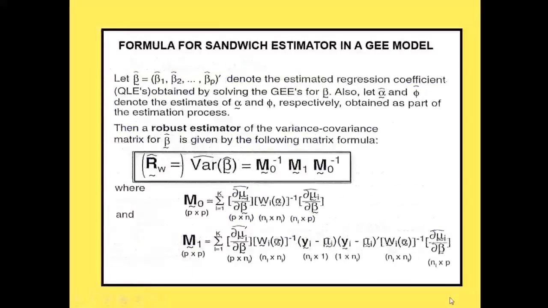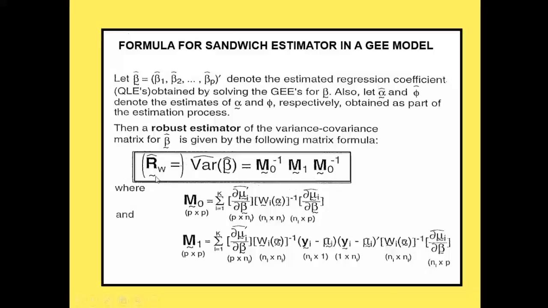Now, here's the formula for the sandwich estimator. You look at this and you either get sick or want to leave. Let me explain some things about where this formula comes from. First of all, this formula is the product of three matrices.